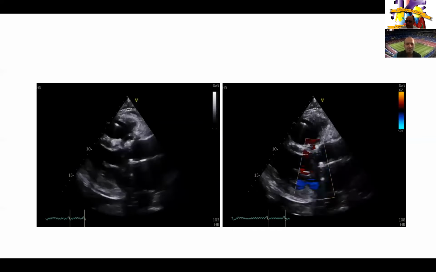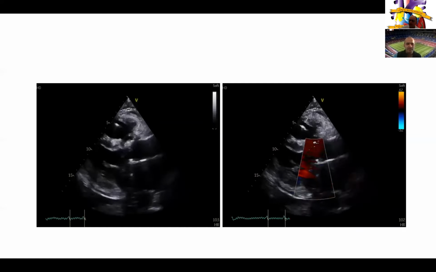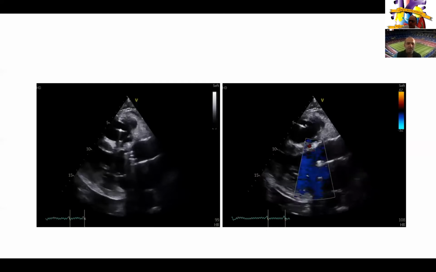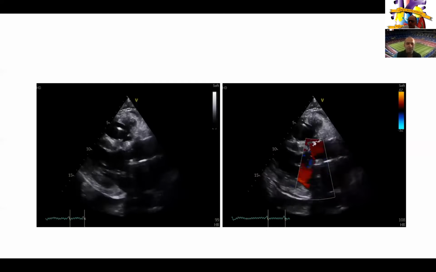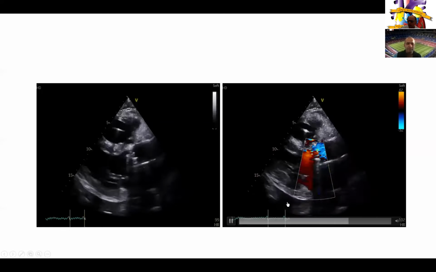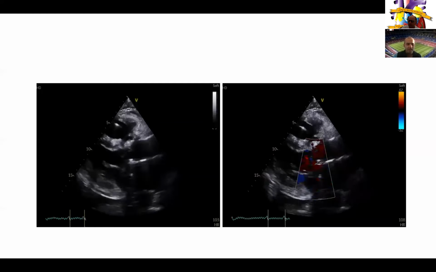You can see his aortic valve, but you don't get a good idea of how much regurgitation there is. And if there's concern for endocarditis, you don't get a great picture here. There's very minimal mitral regurgitation that you can see here. Also the pleural effusions, if you notice. Yeah, exactly. So you can see a pleural effusion here beyond the LV.